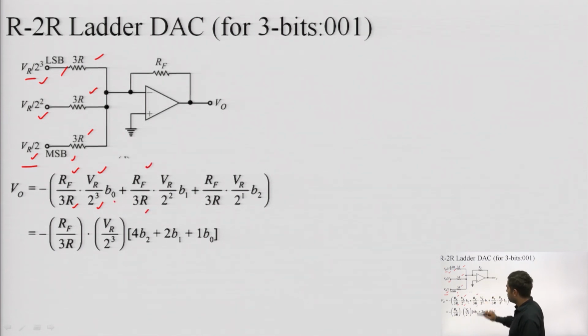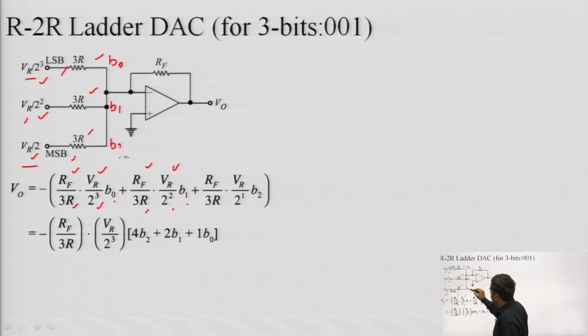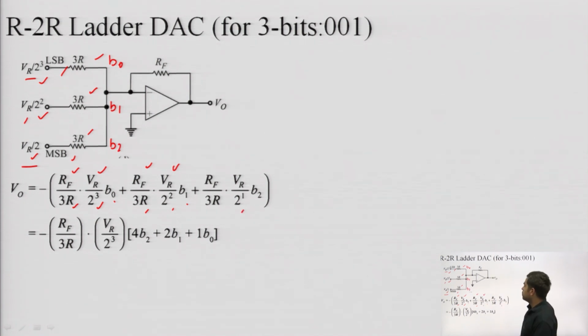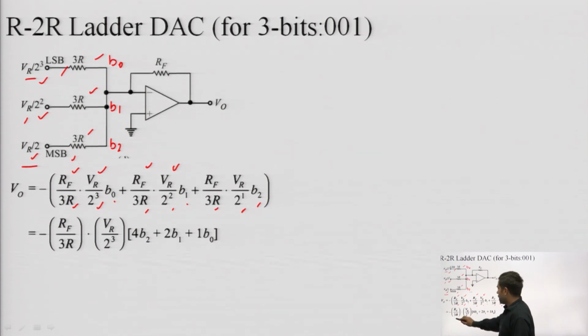Similarly RF by 3R is common for every branch, because this 3R is in all the branches, and then VR by 2 square is the voltage for the second branch multiplied by B1, because they can be considered as B0, B1 and B2. And for the third branch we have VR by 2 into B2 times RF upon 3R. If we take RF by 3R and VR by 2 cube common, it becomes this expression.